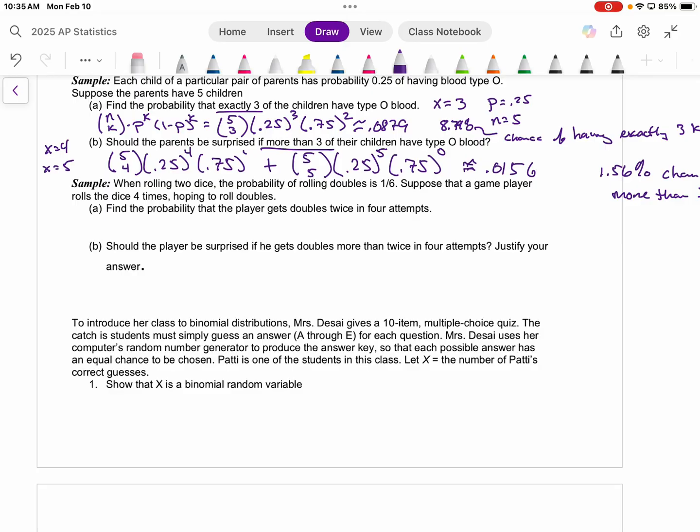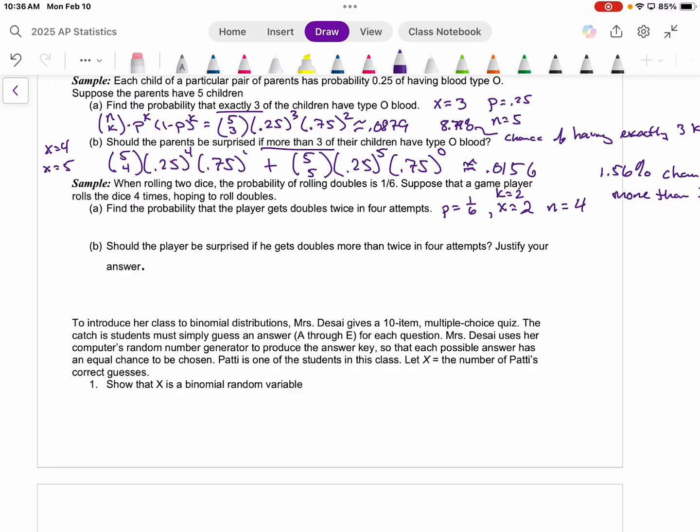All right, so my probability of success is 1/6. And we know that my x is equal to 2, exactly 2 times, and my n is equal to 4. And when I say x, that's also k. K equals 2 if you were looking at the formula.